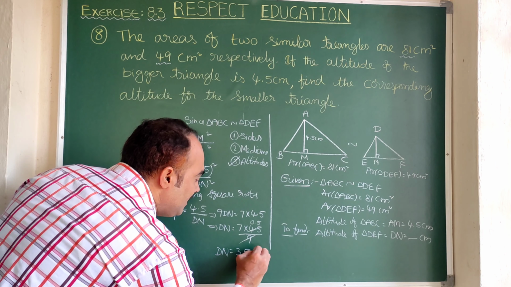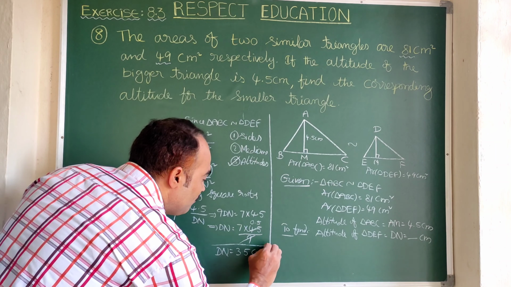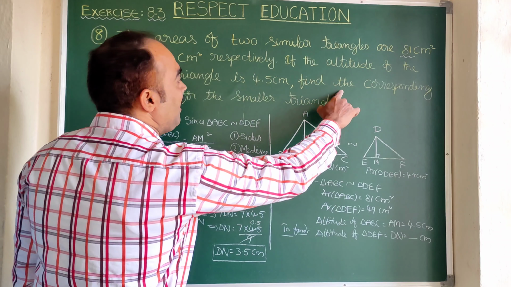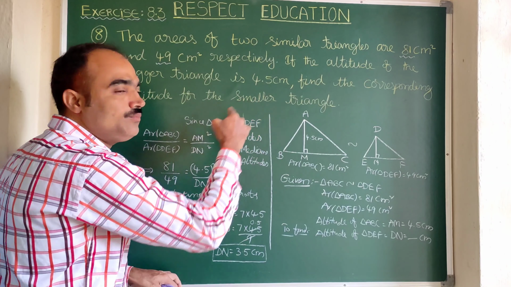Since the unit of DN is centimeter, the final answer, the value of DN, is 3.5 centimeter. The question asks to find the corresponding altitude for the smaller triangle.